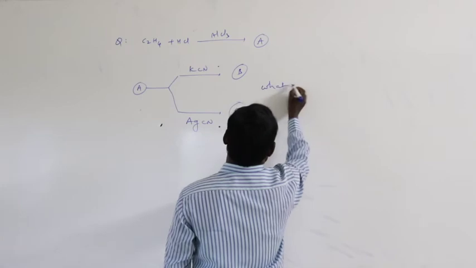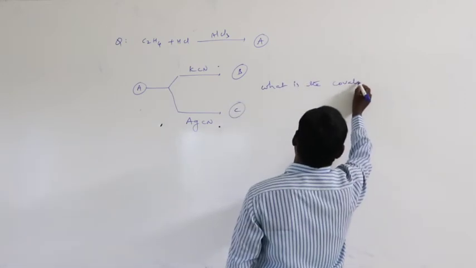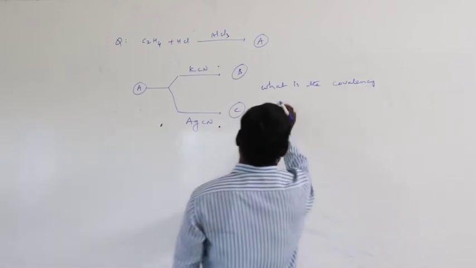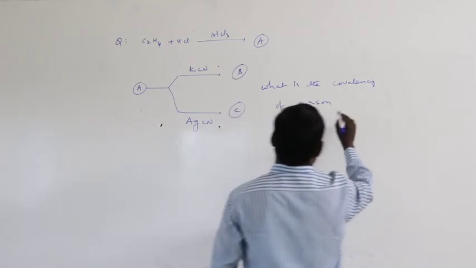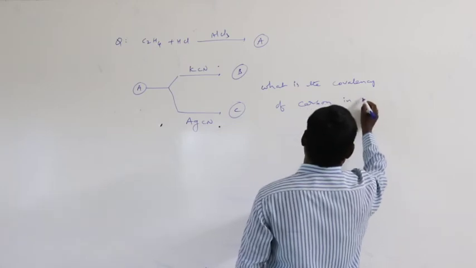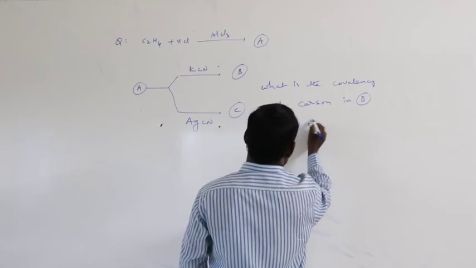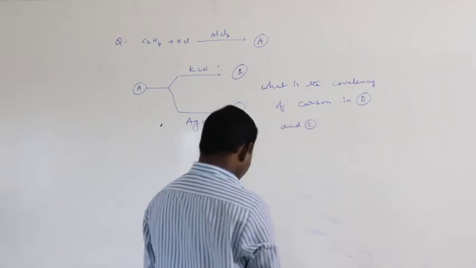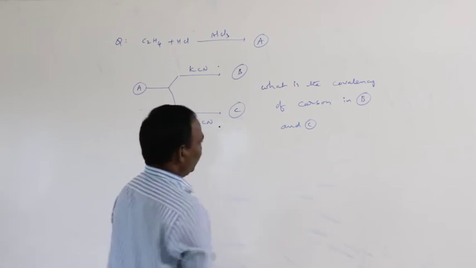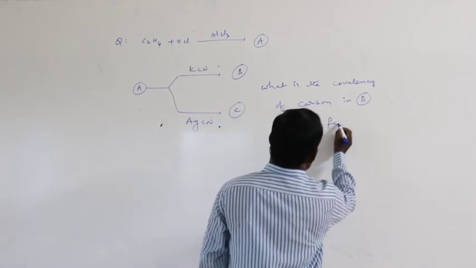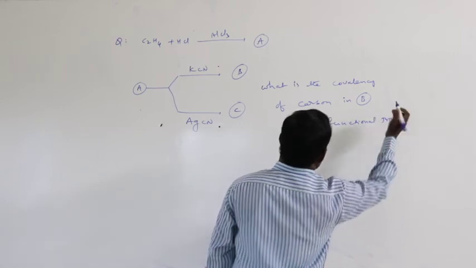What is the covalency of carbon in the B and C functional groups?